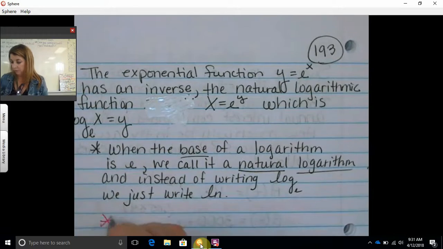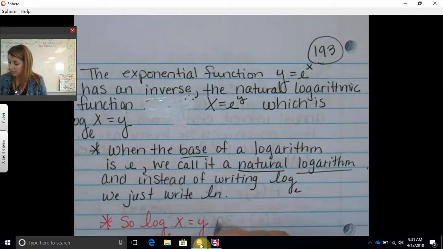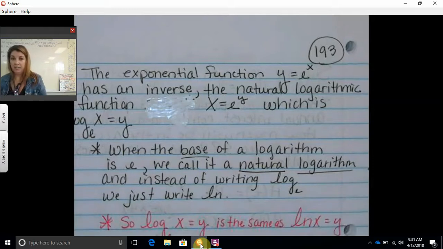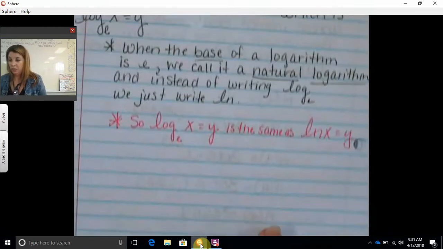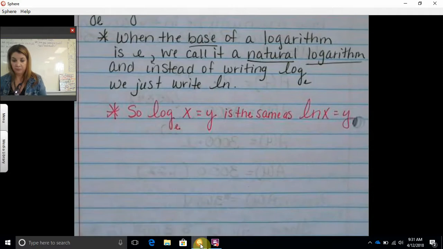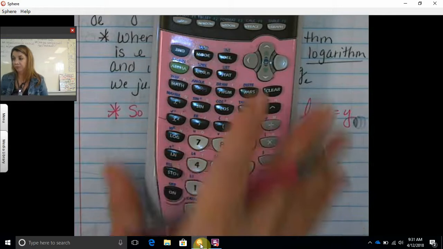So, log base e of x equals y is the same as natural log of x equals y. They mean the same thing. You're not going to see it written as log base e of x, okay? So that ln button on your calculator, that means log base e.